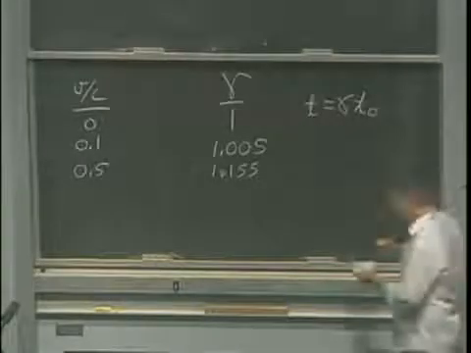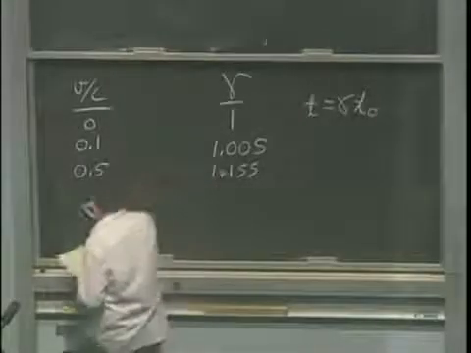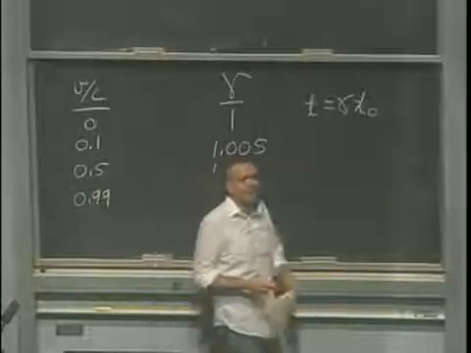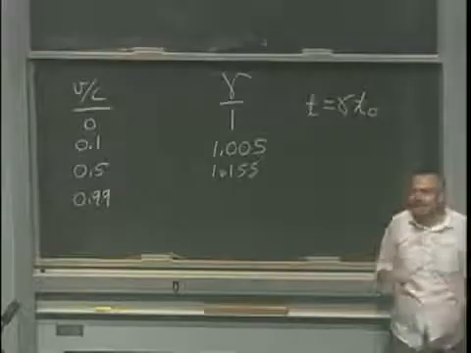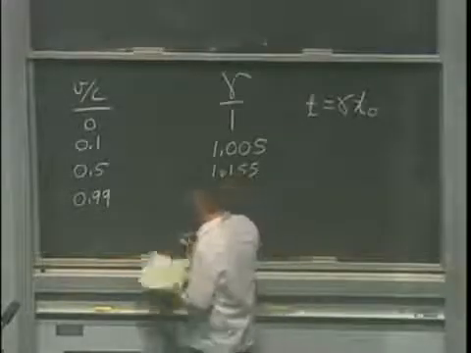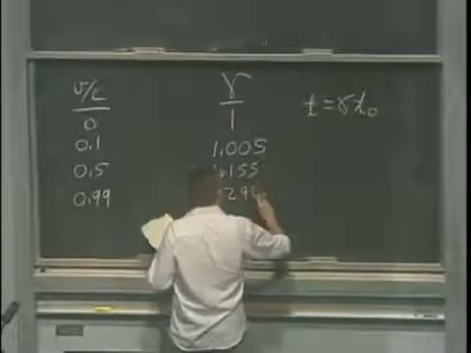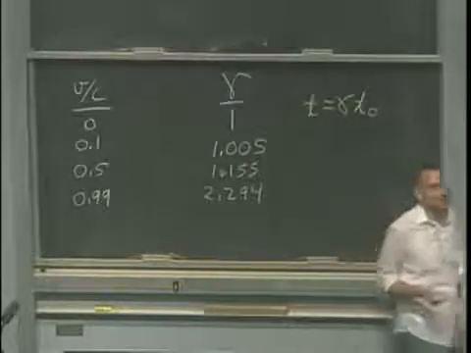Okay. 0.99, so if that train's going by at 99% the speed of light, then the gamma factor is 2.294. Okay, now we're seeing some effects, right?